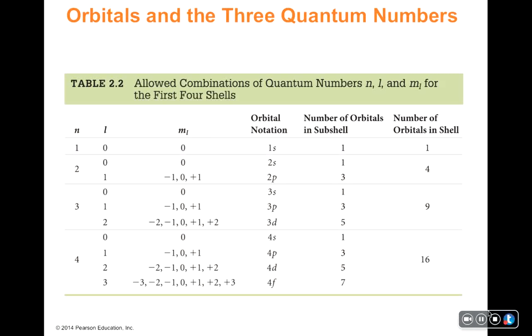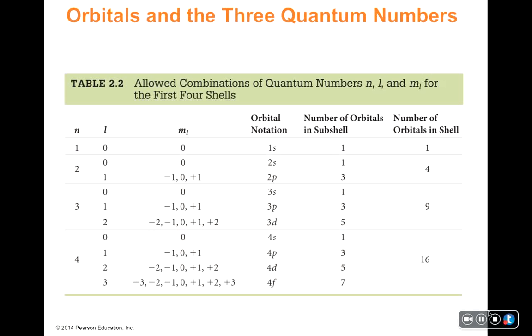This table, table 2.2 in your text, on page 73, I think, is a nice way of summarizing these quantum numbers. I know for most of you, you've probably heard of the shells or subshells, but not the quantum numbers and how they relate. So this shows you n on the far left, so that principal quantum number, 1, 2, 3, and 4, those indicating the energy levels.